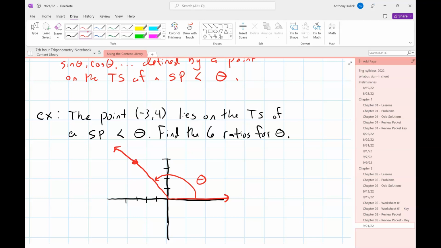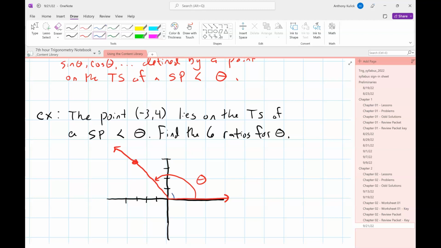Why did I say one possible theta? What other theta could I have drawn? Well, there's infinitely many that I could have drawn. But the point is, anything that I would have drawn would have to be coterminal to this one.